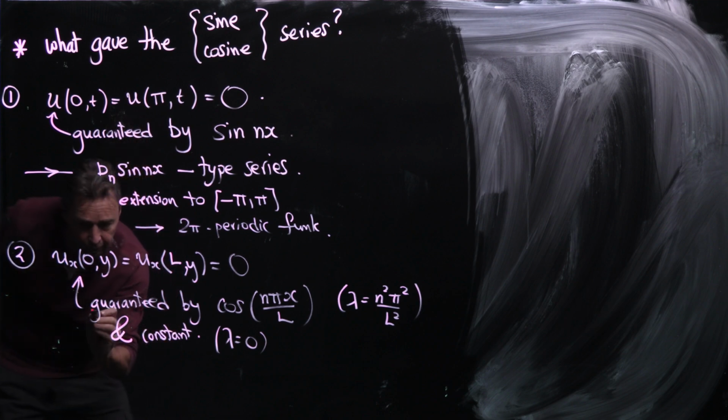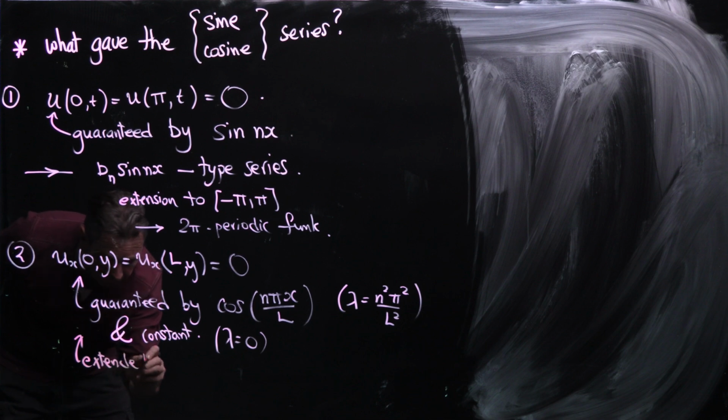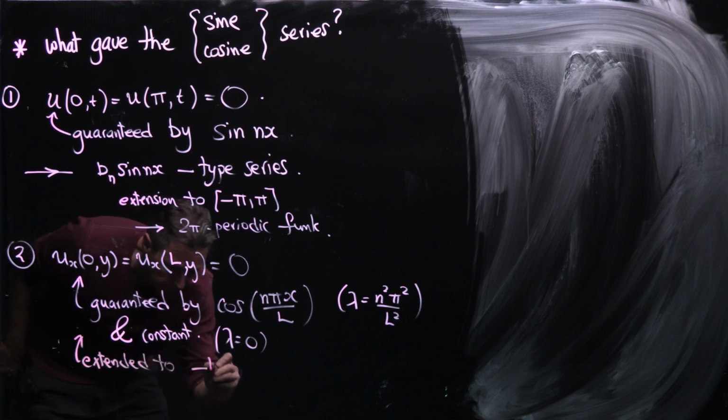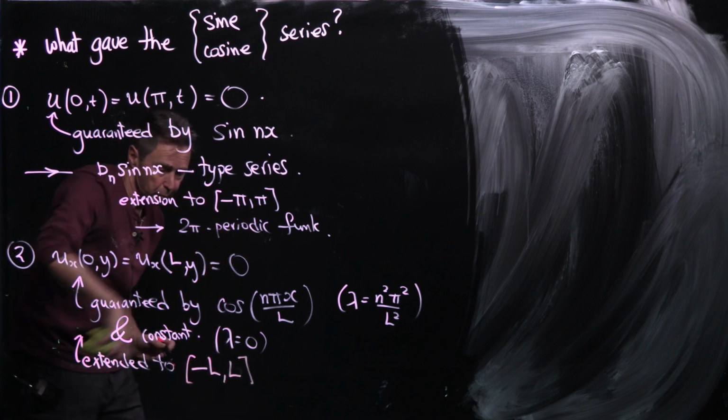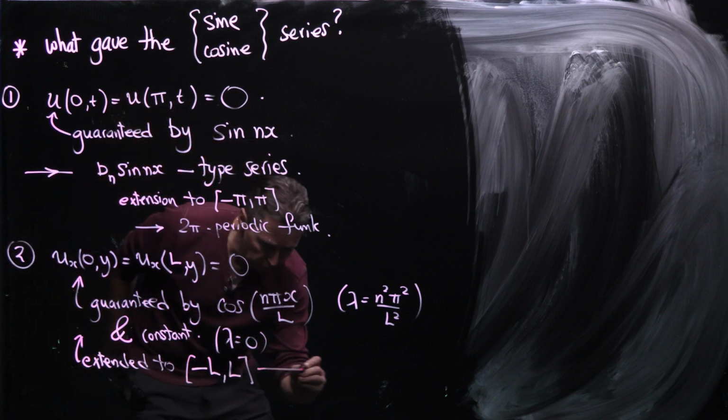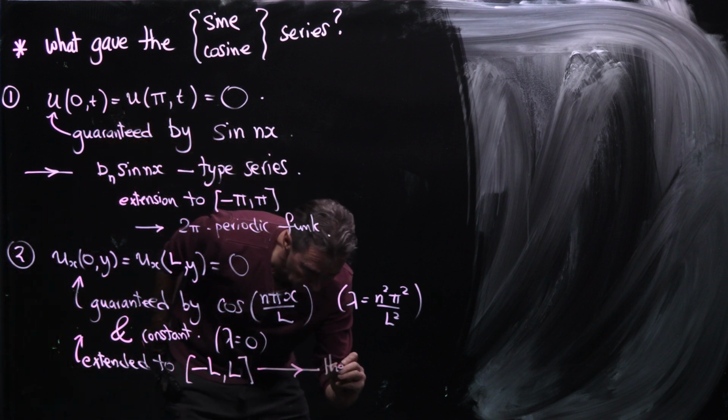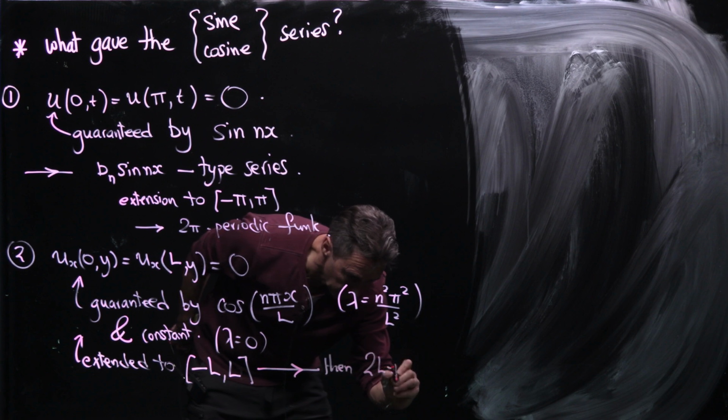We then extended to minus L to L, instead of minus pi to pi, and then we made it periodic, but it was 2L periodic.